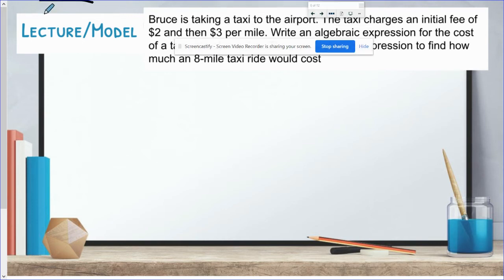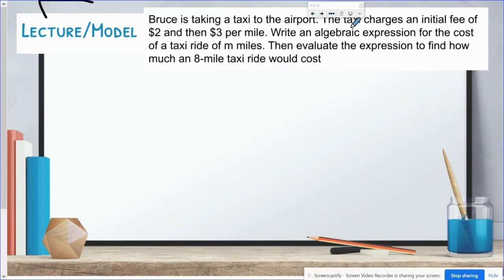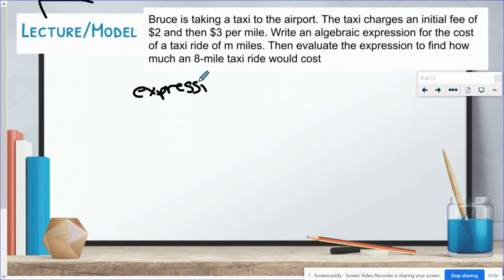So, let's take a look here. Bruce is taking a taxi to the airport. The taxi charges an initial fee of $2 and then $3 per mile. We're going to write an algebraic expression for the cost of the taxi ride of m miles, and then we're going to figure out what it would cost if we went 8 miles. So first thing we need to do is write the expression. And this is what we talked about in our last lesson.